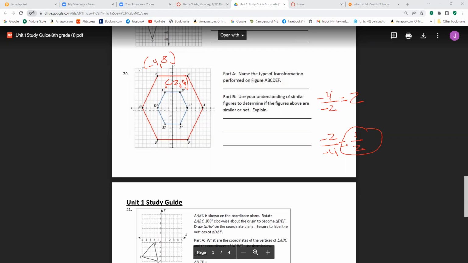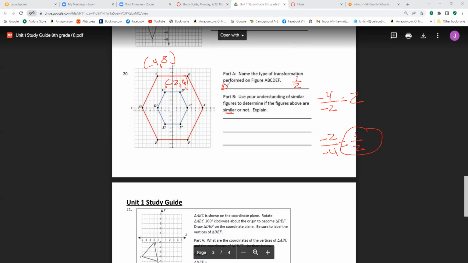It looks like they are similar. So the side length here is 1, 2, 3, 4, 5, 6, 7, 8. Half of 8 is 4. 1, 2, 3, 4. So they are similar because corresponding sides are proportional, and the ratio of the sides are equal as well. So the transformation is a dilation.